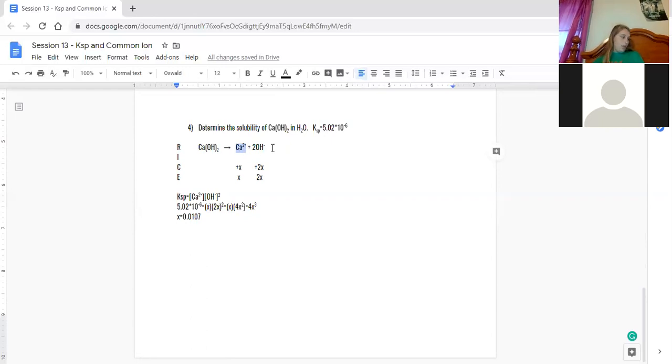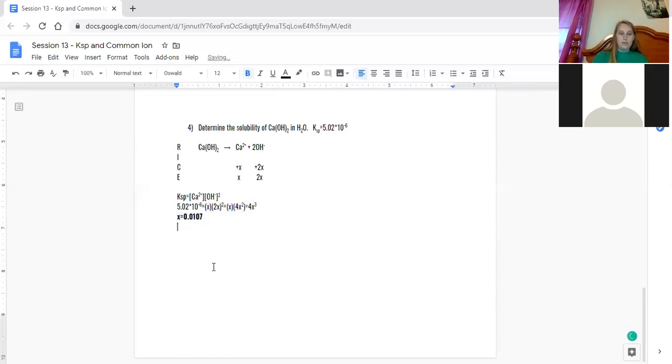But if you want to find the value for the hydroxide, then you would have to multiply it by 2, because we have 2x here. So this is going to be your answer for this. So that is our answer there.